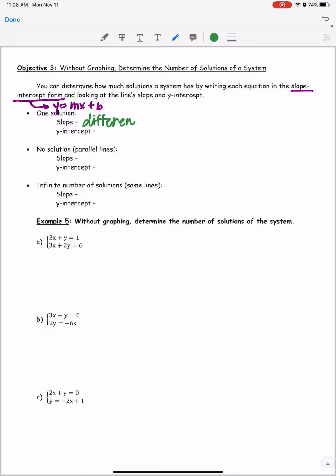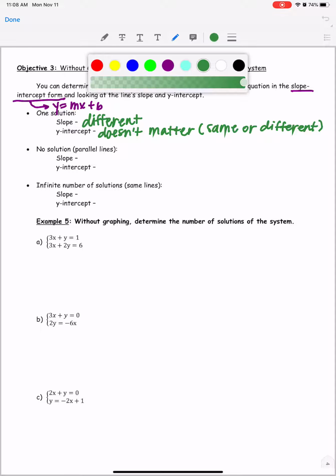If the slope is different, the y-intercept doesn't matter. Okay, and what I mean by it doesn't matter, it can be the same or different. If my slopes are different, I have a solution.